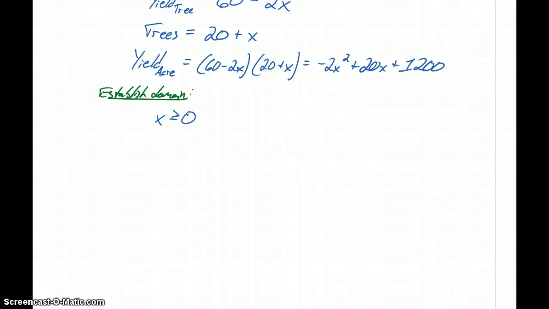And then we're not really given any information about any kind of upper bound, so we would probably just say that the largest is infinity. There probably is some restriction on how many trees can be planted in an acre, but nothing in the problem gives us that. So our domain is 0 less than or equal to x less than infinity.